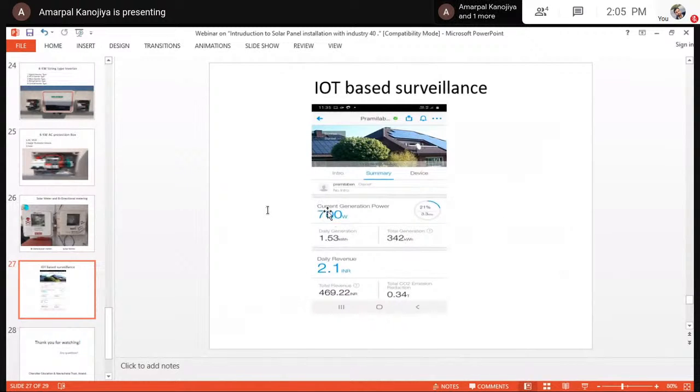This is the current generation of a 3 kilowatt power plant. This is the daily generation, 1.53 kilowatt hour, and this is the total generation, 342 kilowatt hour, means units.